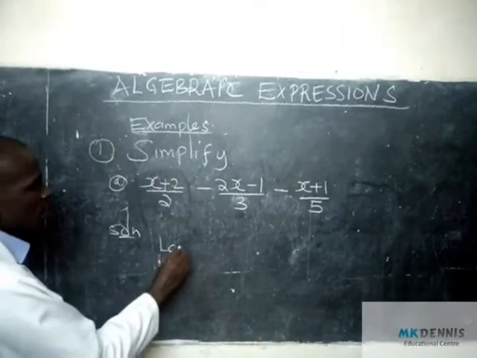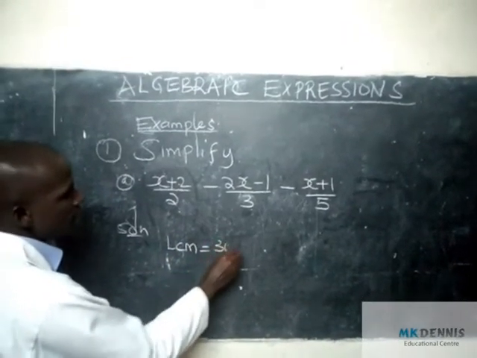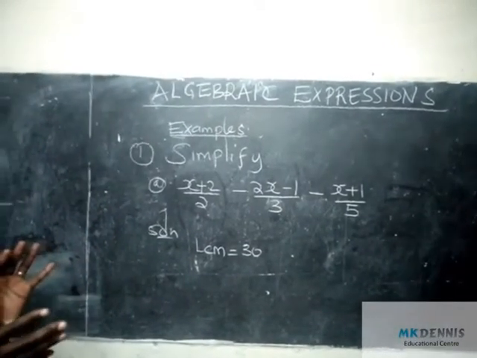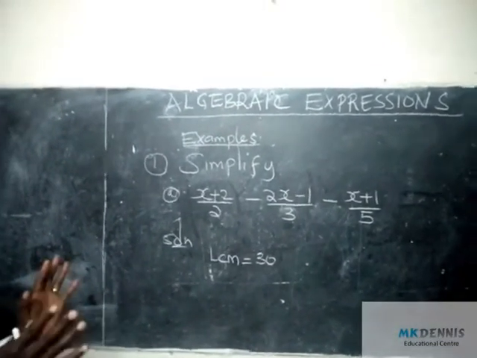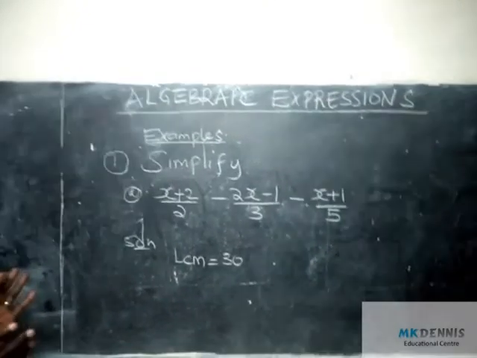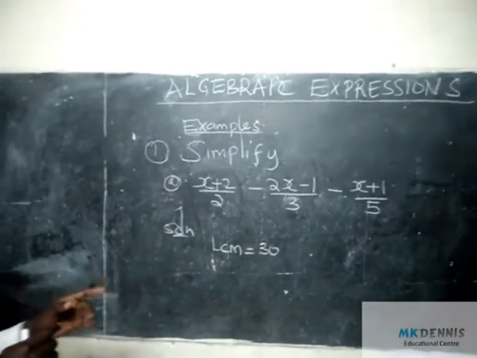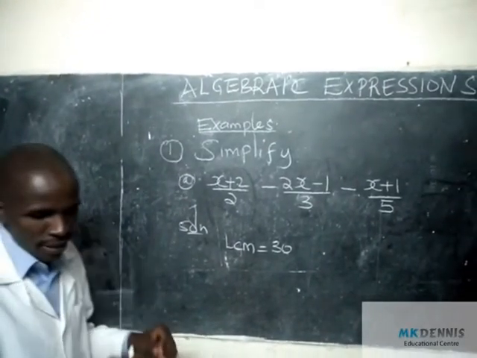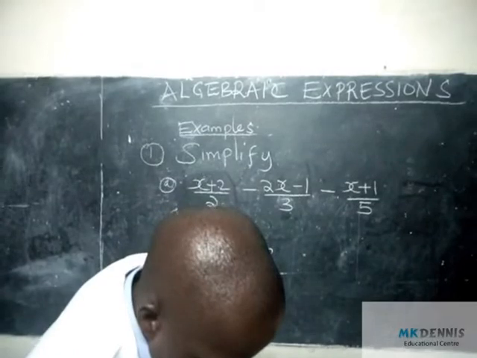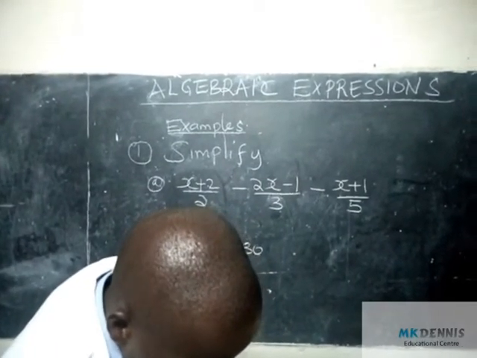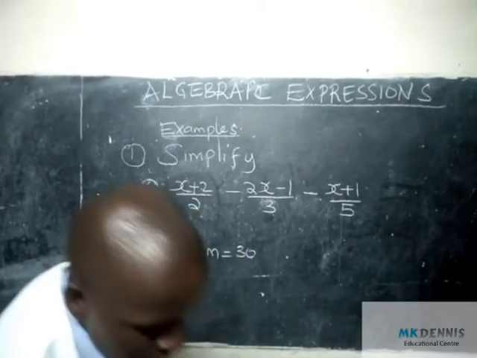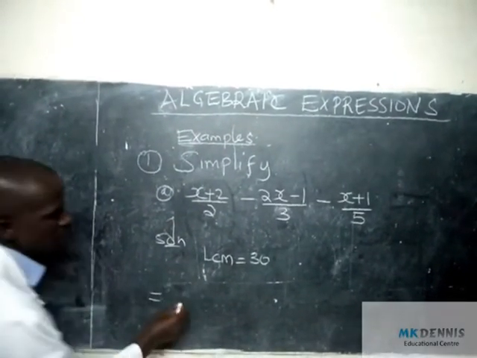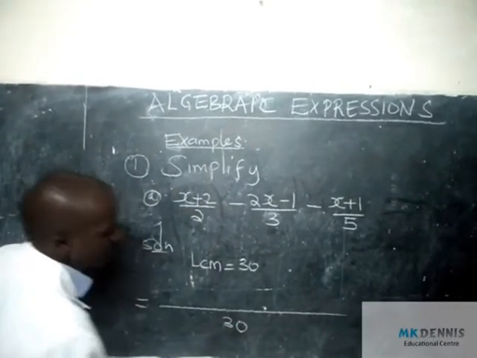This is more of a fraction, so the first thing to do is to do away with the fraction, and the way you do it is to multiply through by the LCM. So our LCM is 30.